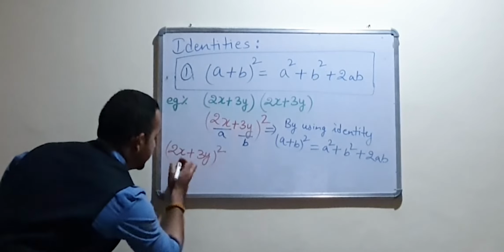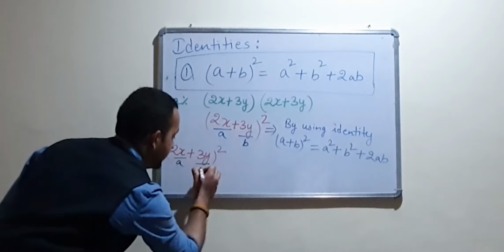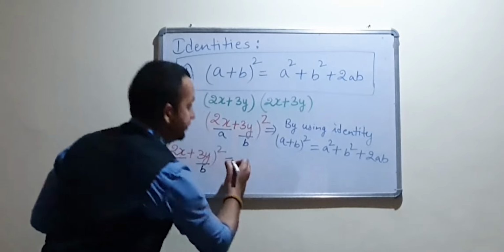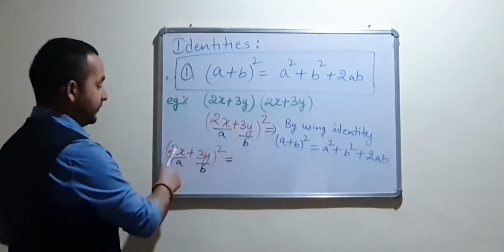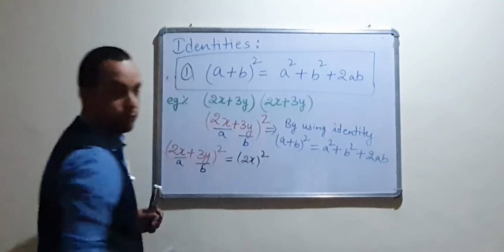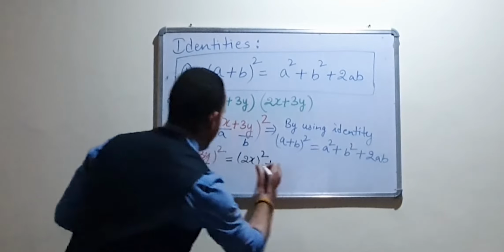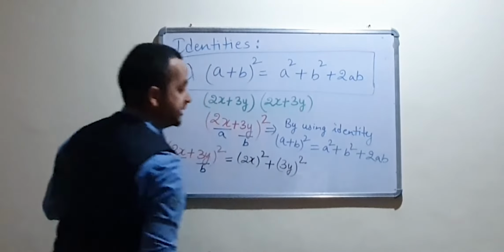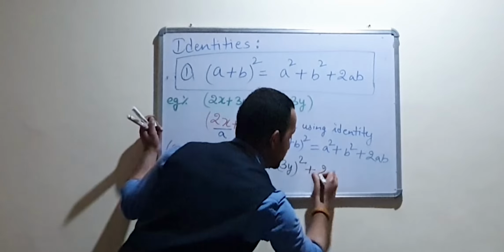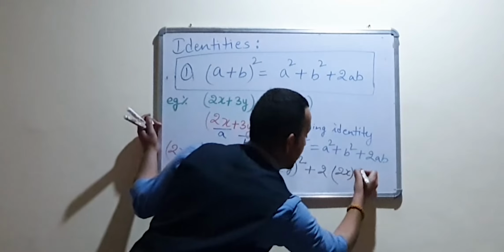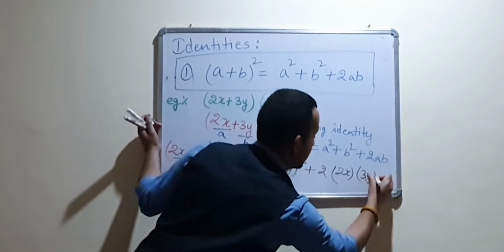In place of 2x there is a, in place of 3y there is b. Now in place of a square, what we will write? We will write 2x whole square. In place of b square, we will write 3y whole square here, and plus 2 into a into b, that is 2 into 2x into 3y.